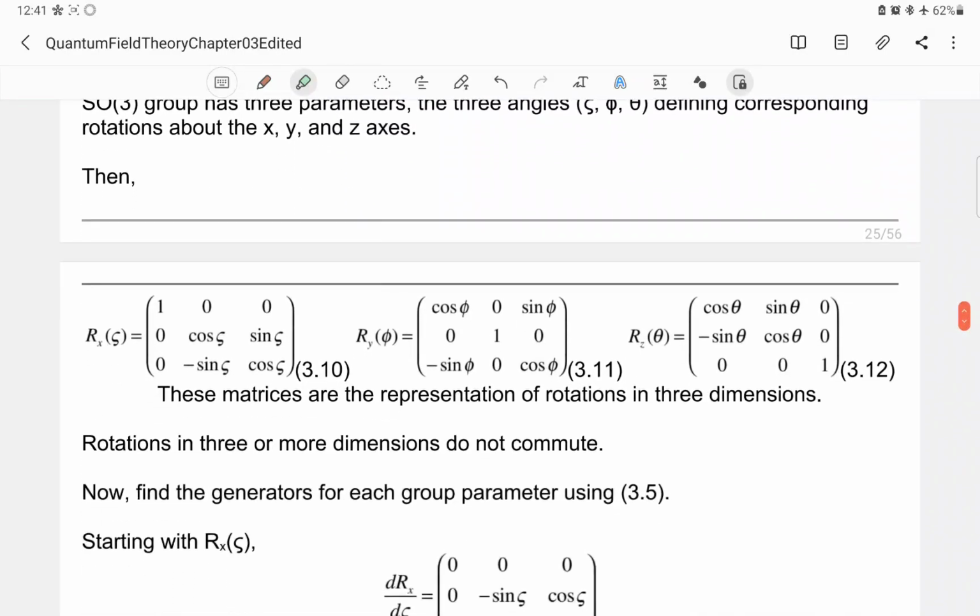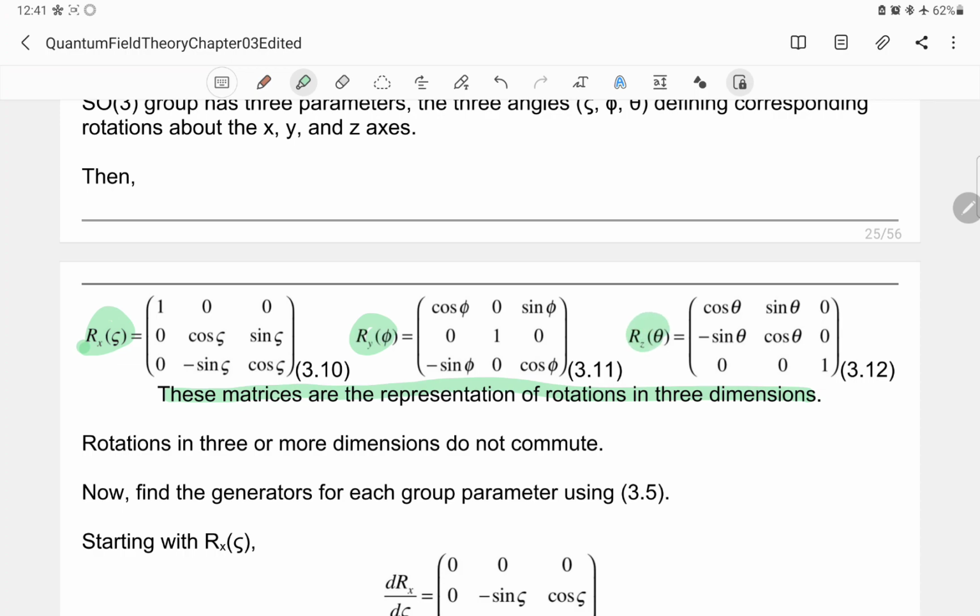Then you would have this. The matrices are representing rotations in 3 dimensions. This is for the rotations in the x-axis, rotations on the y-axis, and rotations on the z-axis.